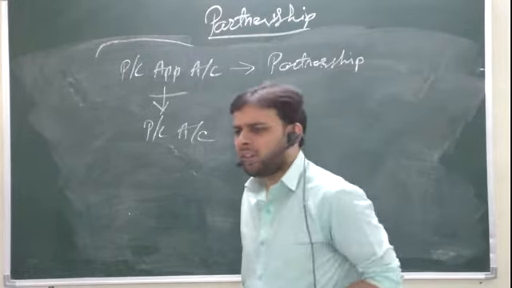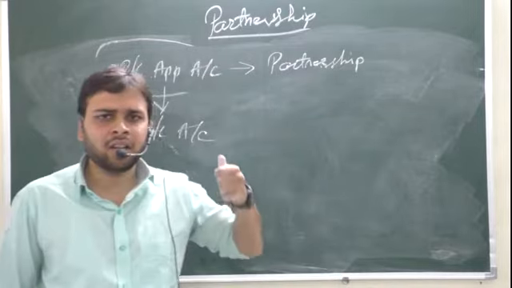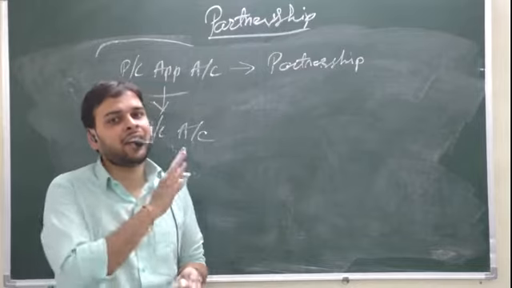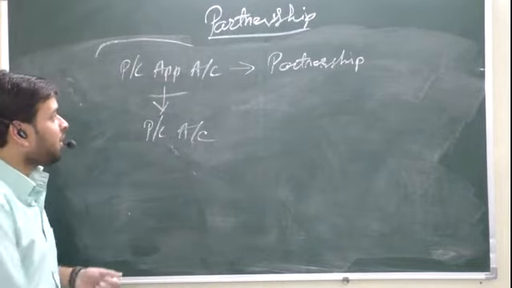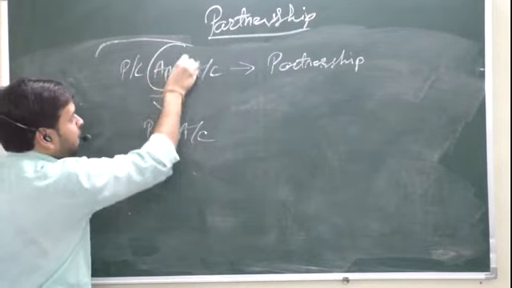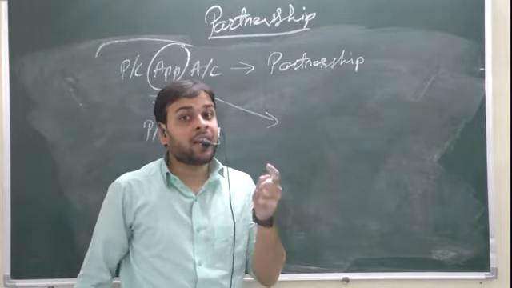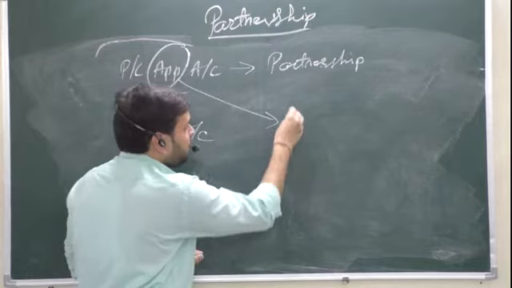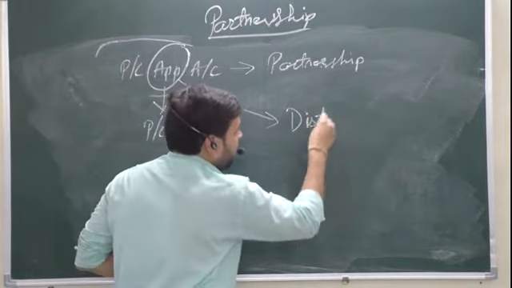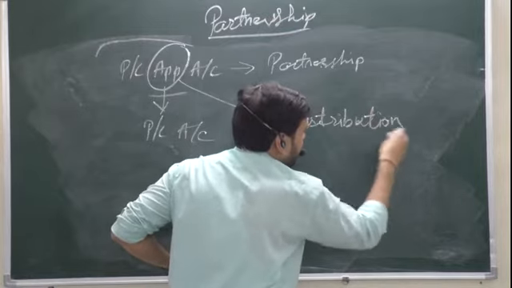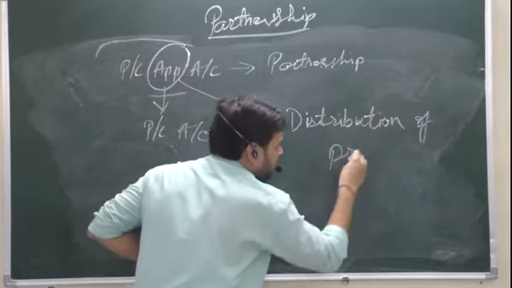In profit and loss account, we are charging all the indirect expenses and recording all the indirect incomes of the business. But in P&L appropriation account, we are not doing such things. We are doing the distribution of profit.